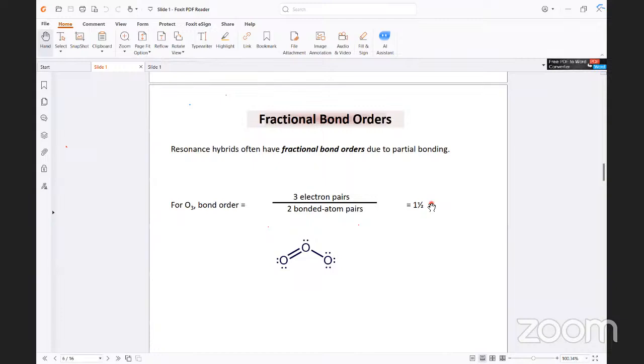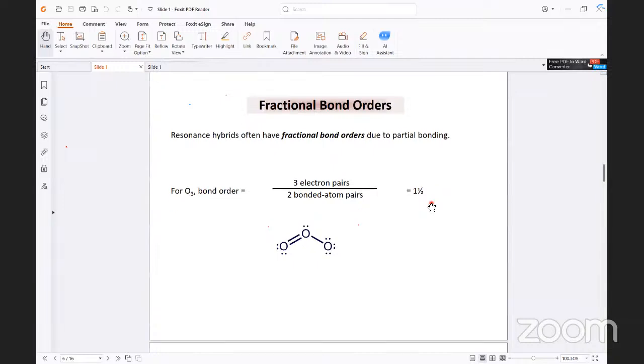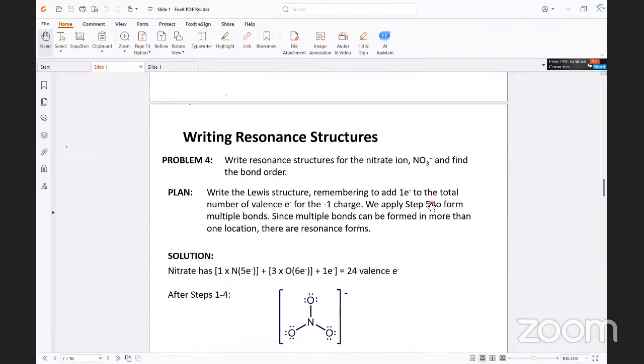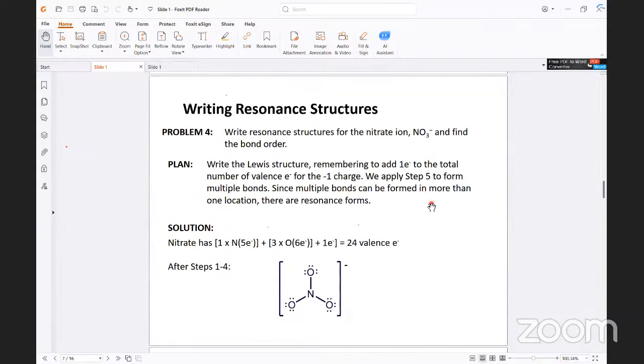So the bond order of ozone will be lower. The bond strength of ozone will be lower than the bond strength of oxygen, because oxygen has a bond order of 2. So in any case, in writing resonating structures, you need to consider that information and the implication on the bond strength and the bond length.